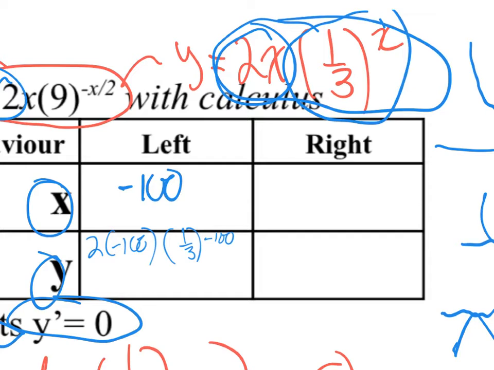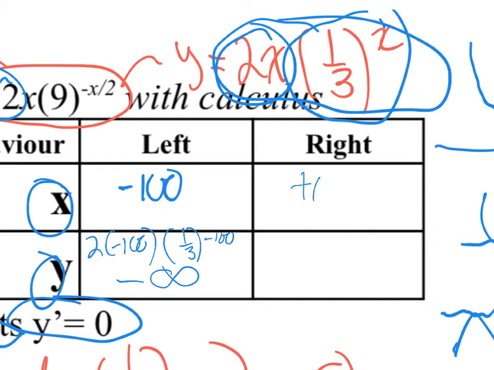Well, what is 1/3 to the negative 100? Think about what that is. That's dividing by 1/3, because that's a negative exponent, 100 times. Well, dividing by 1/3 100 times is the same thing as multiplying by 3 100 times. So what we've got here is 2 times negative 100, which is negative 200, multiplied by 3 100 times. Well, that's clearly a huge number, and we know it's negative. So that's approaching negative infinity.